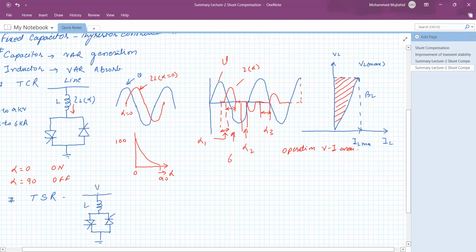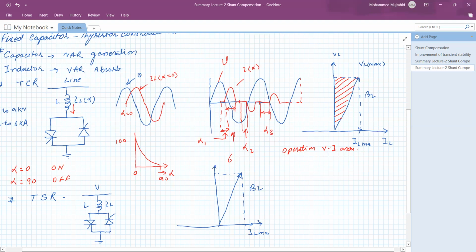So for this inductor, this is the voltage, and this is the current IL, but it is not a function of delay angle. So what would be the VI characteristic? This is the maximum value of inductor current, this is the maximum value of voltage, and this is the admittance of the inductor BL.